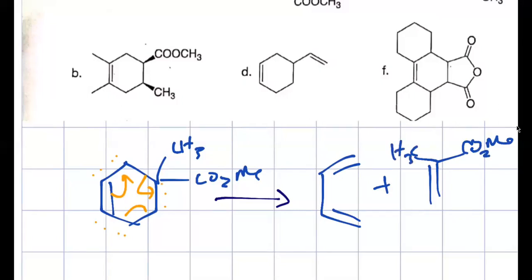Is that right? See how both groups are on the same carbon right here? So in the diene, they're going to be on the same carbon. Following? Yeah.